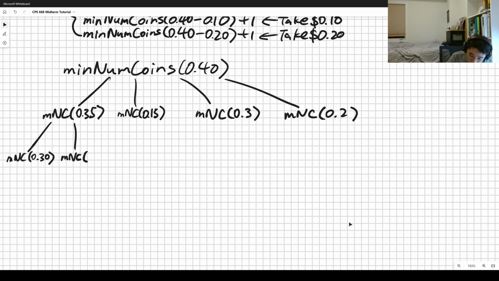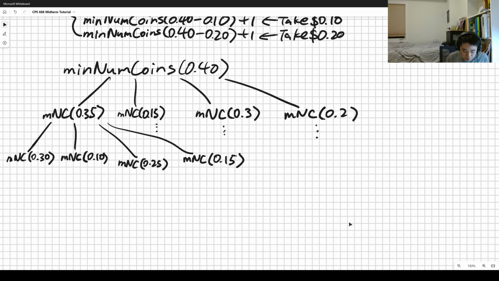Taking the quarter gives you 10 cents. Taking 10 cents gives you a quarter. And finally, taking 20 cents will give you 15 cents. Okay, I'm going to just keep calling. Basically, we're gonna recursively call this, and the tree gets more and more complex. It pretty much sucks.